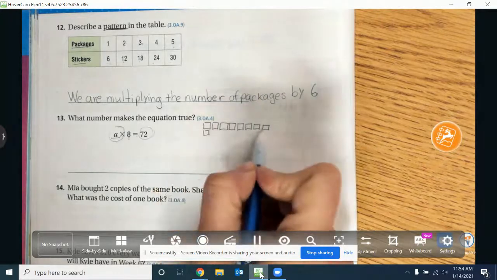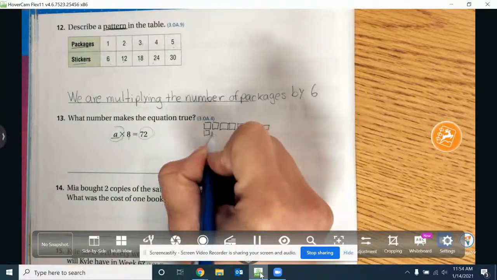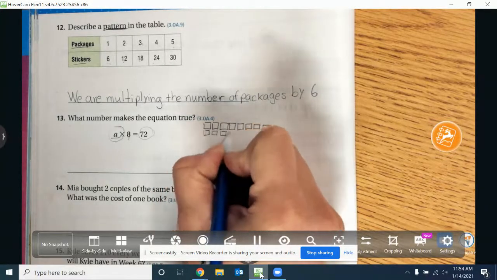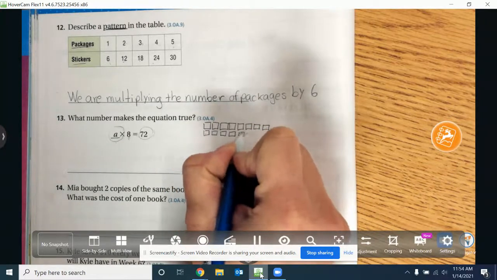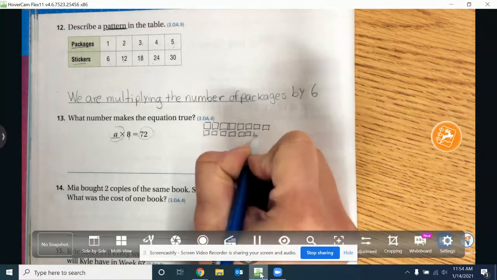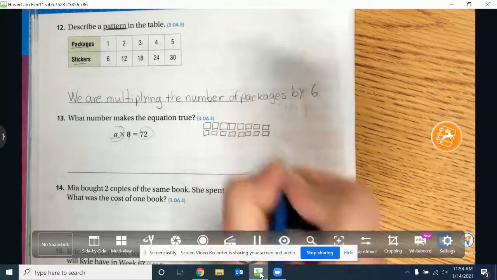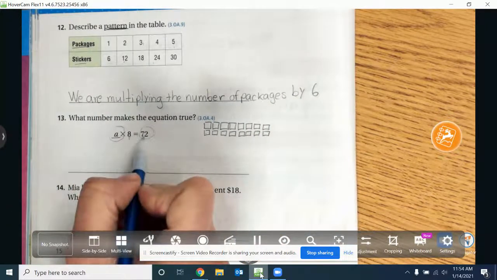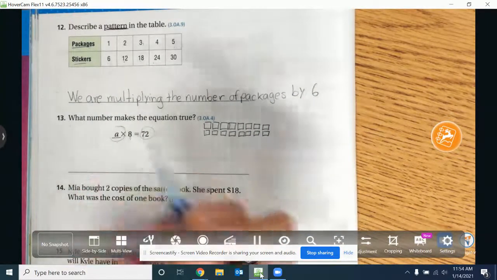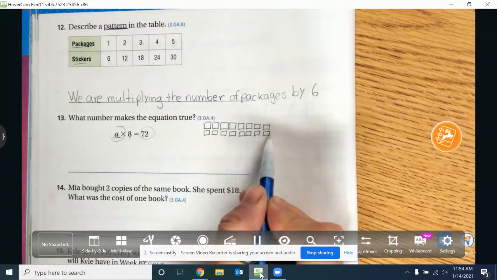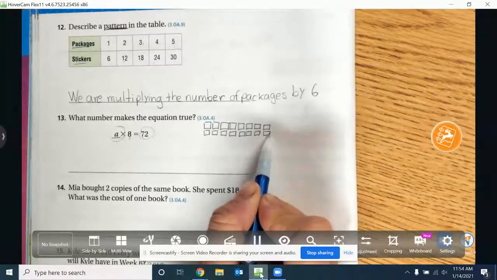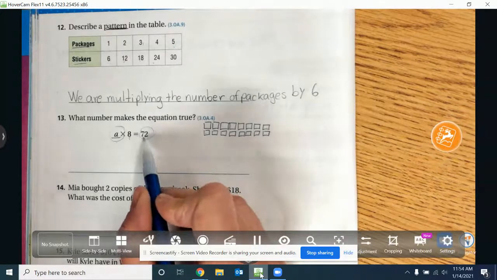So I drew 8, 9, 10, 11, 12, 13, 14, 15, 16. Remember, we're stopping at 72. I am now going to be counting in my head, so you can count in your head as well, and stop when you get to 72.